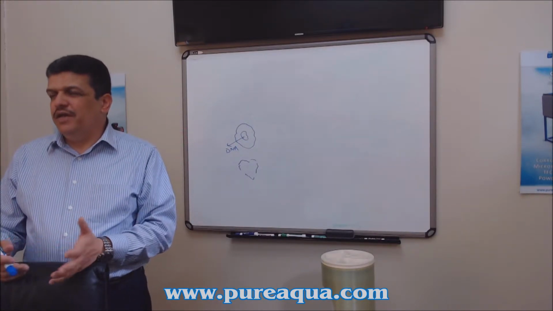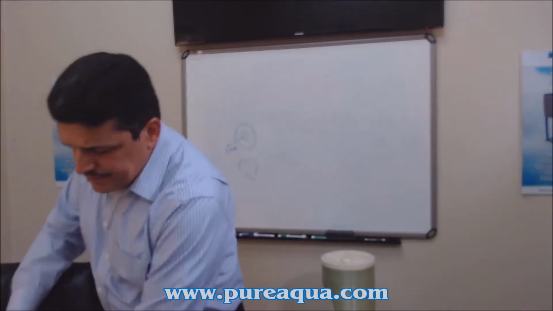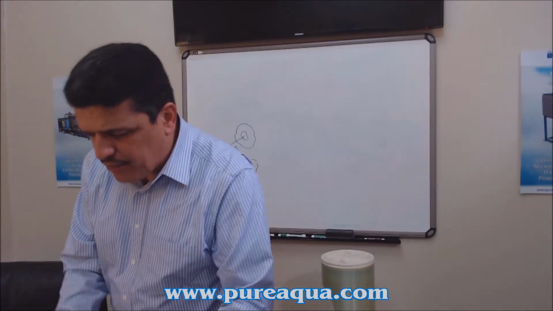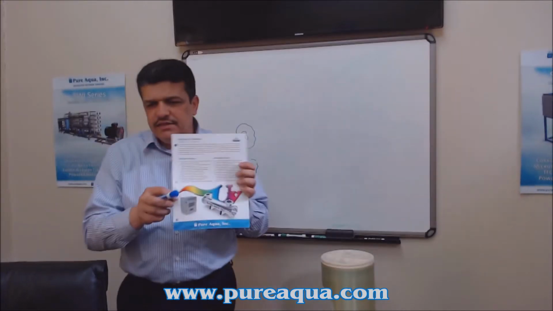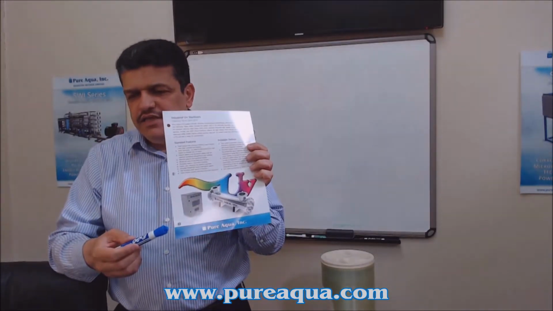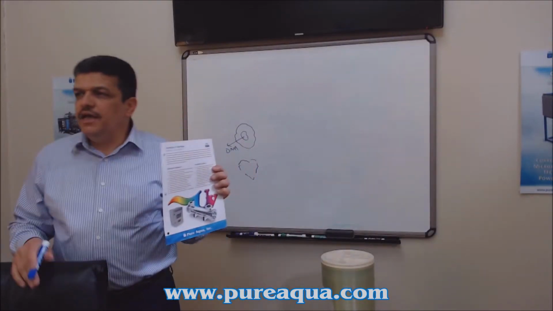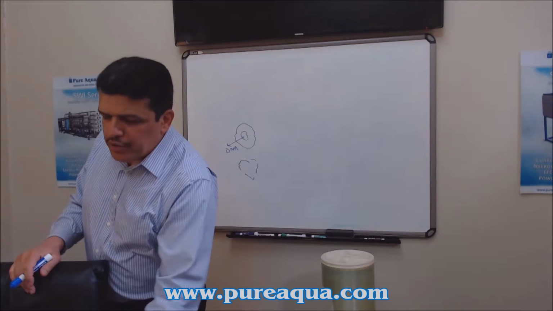Let's talk a little bit about the applications of UV sterilization. I want to just show you how a UV usually looks. The UV chamber is something like this, a stainless steel chamber with a controller. The UV has an inlet and an outlet. Those are the main components.